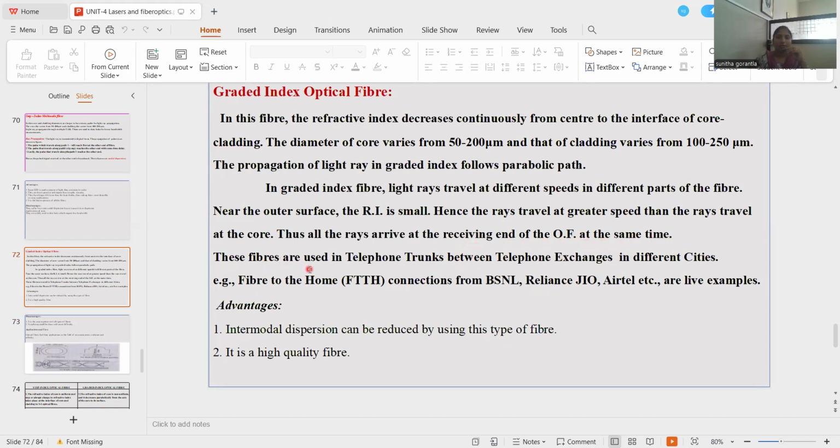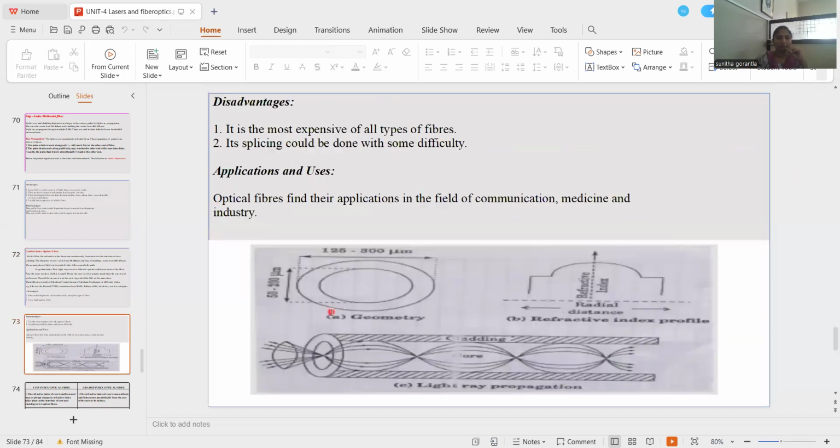These fibers are used in telephone trunks between telephone exchanges in different cities. For example, fiber to home connections from BSNL, Reliance, Jio, etc. These are the live examples. Now see the advantages of graded index optical fibers. Intermodal dispersion can be reduced by using this type of fiber. This intermodal dispersion is very less in this fiber, and it is a high quality fiber.